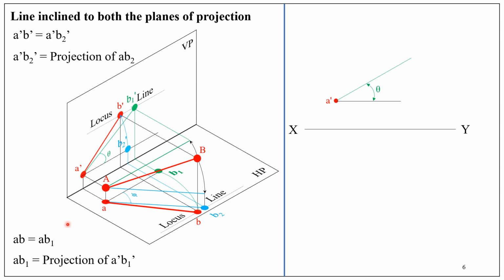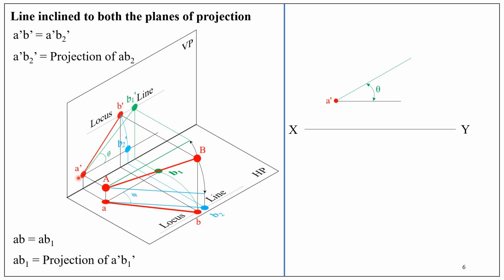At an angle theta draw a line, this green color line. Theta is this angle, that means the angle of inclination of the line with HP. On this green color line, obtain point B1 dash. Take the true length of the line.